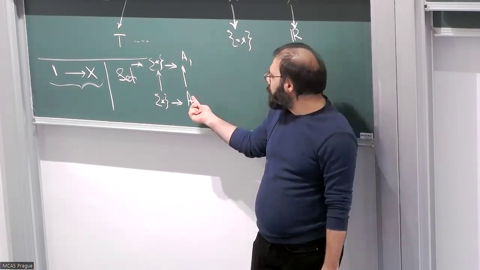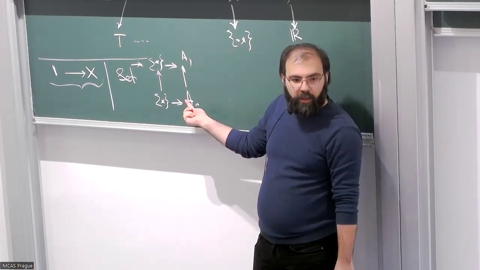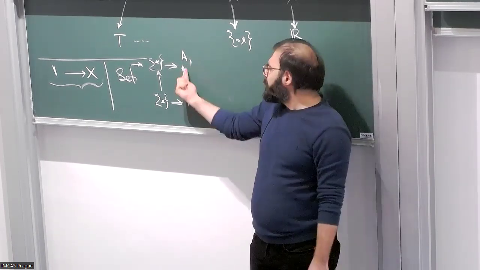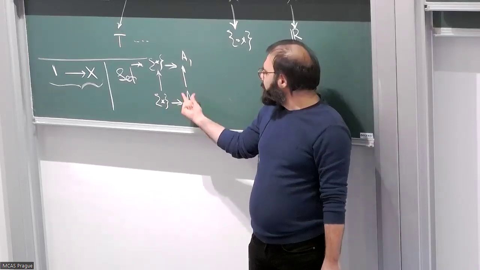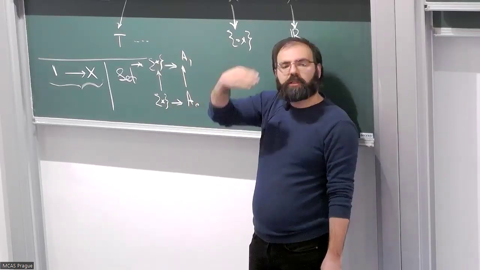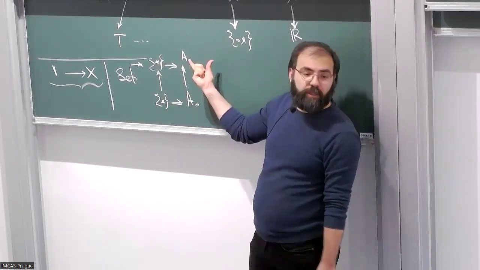What do you mean? Yeah, the objects are just functions between two sets. But the idea is that the function maps the elements here to their correspondence in the future. But of course, you can have something more.